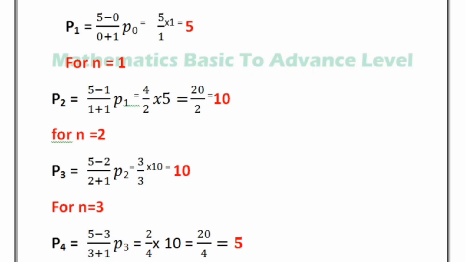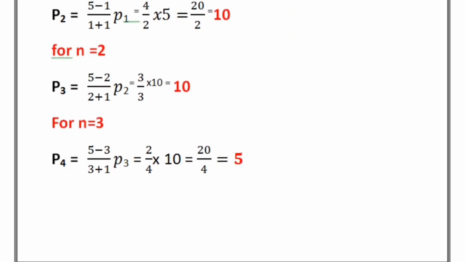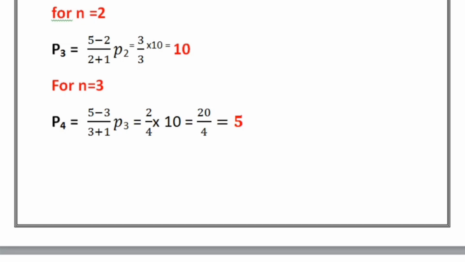Next, for n is equal to 3, the fourth term, p4, is equal to (5 minus 3) divided by (3 plus 1) times p3, which is equal to 2 divided by 4. Multiply the value of p3, which is equal to 10. So 2 10s are 20 divided by 4, 4 5s are 20.